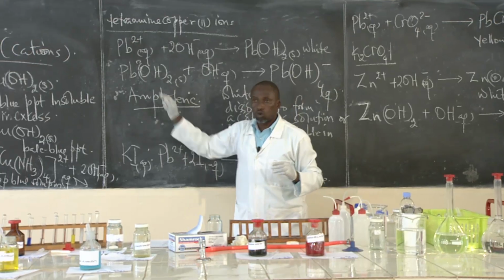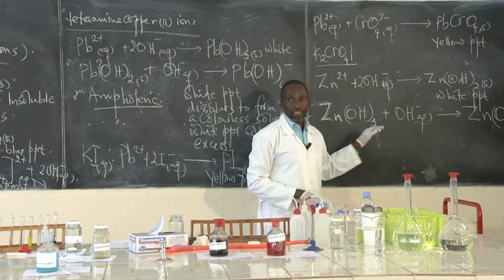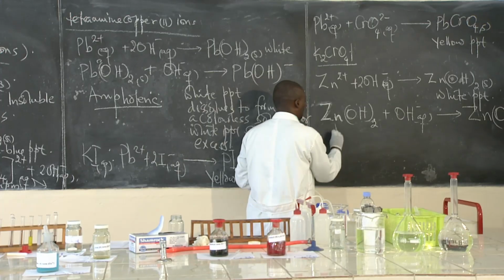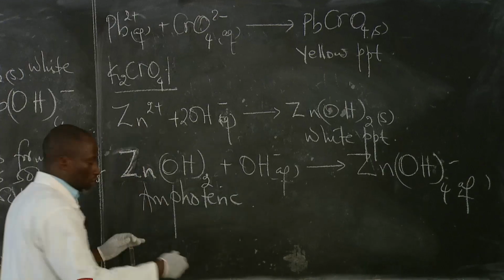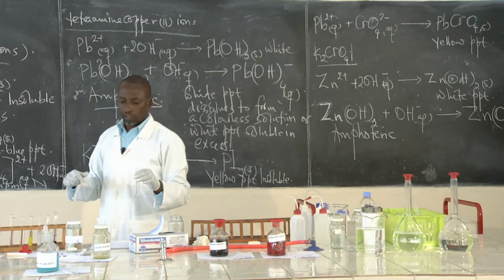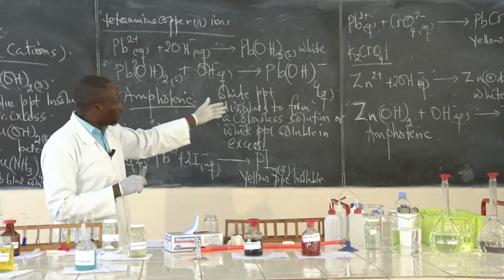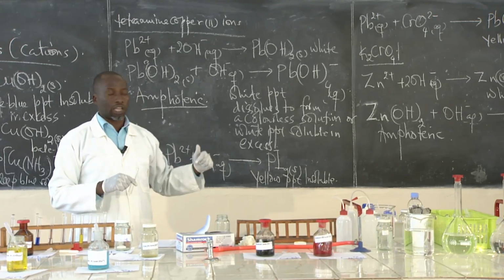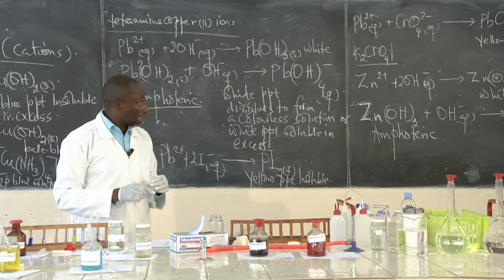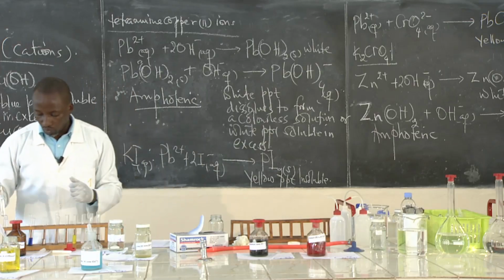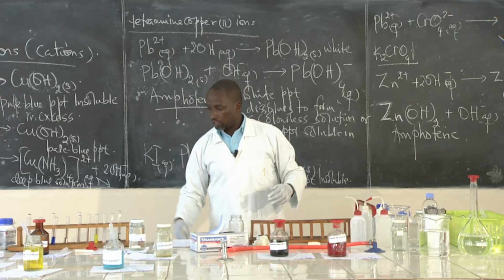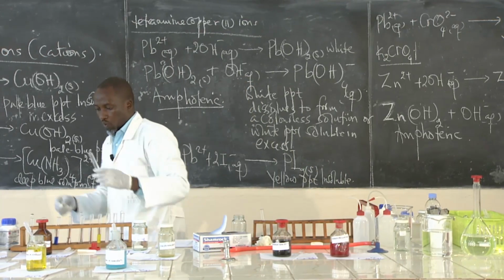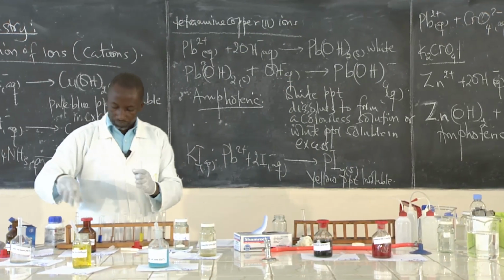So lead 2 hydroxide and zinc hydroxide are both amphoteric. Because of their amphoteric nature, that's why they dissolve in sodium hydroxide to form that complex compound.